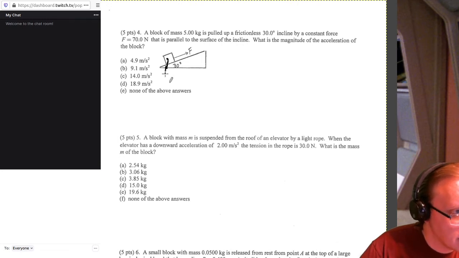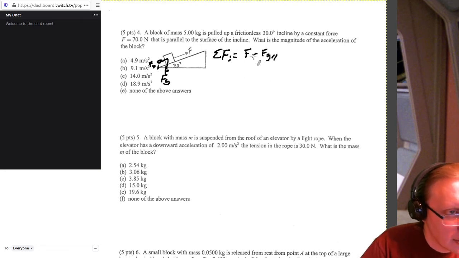So we have, in addition to frictionless, in addition to the force being applied, we also have force of gravity. So then we need the F gravity parallel. So the sum of forces is equal to the force that's applied minus force gravity parallel.